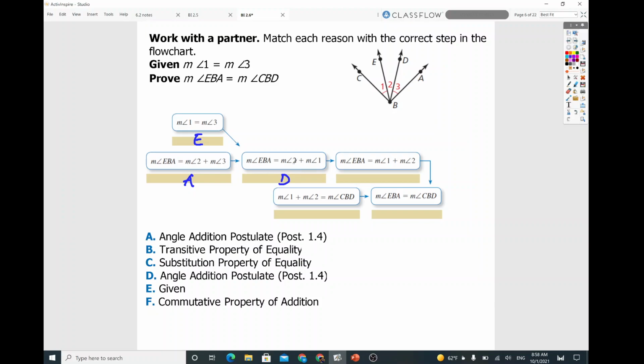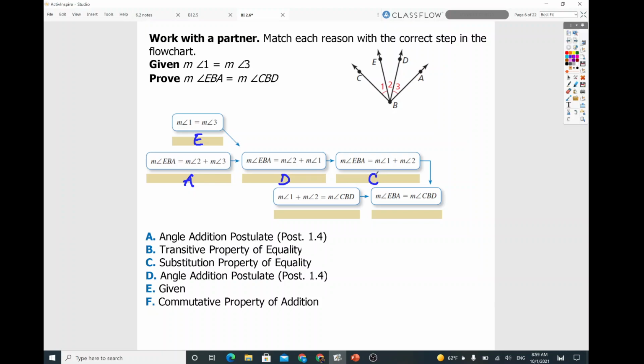It looks like the exact same thing as what we got for the previous one, so you just say it's the substitution property. And then the measure of angle 1 plus the measure of angle 2 equals angle CBD.